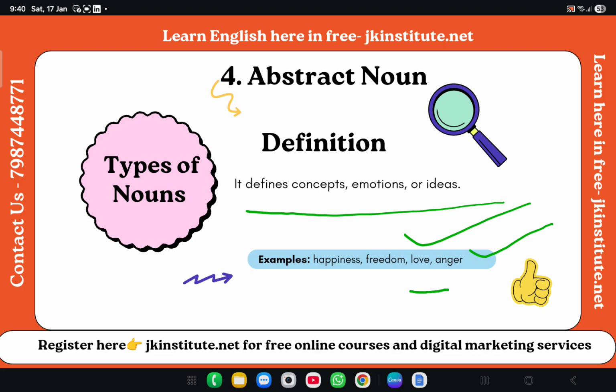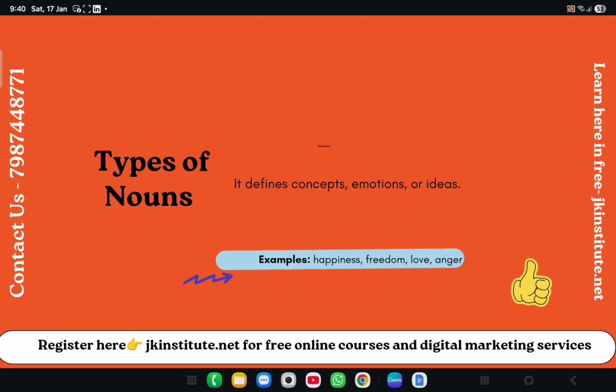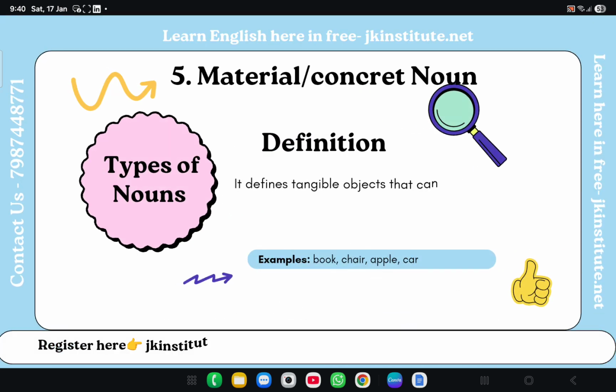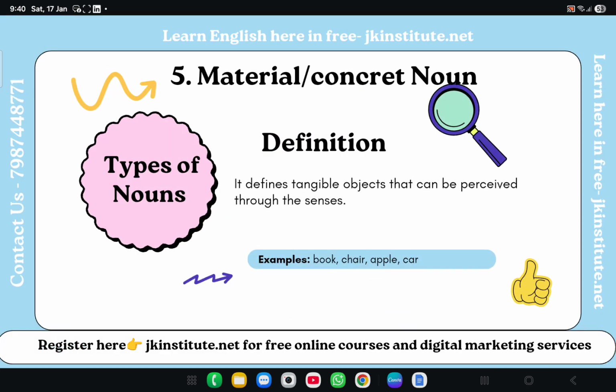Okay, now we are going to know about the next kind of noun, material noun or concrete noun. Material nouns are those made by human beings, and concrete nouns are natural material things. So it defines tangible objects that can be perceived through the senses.